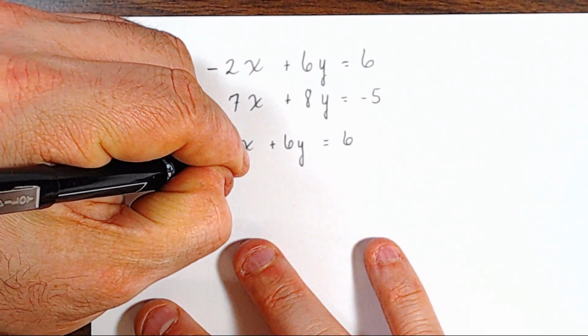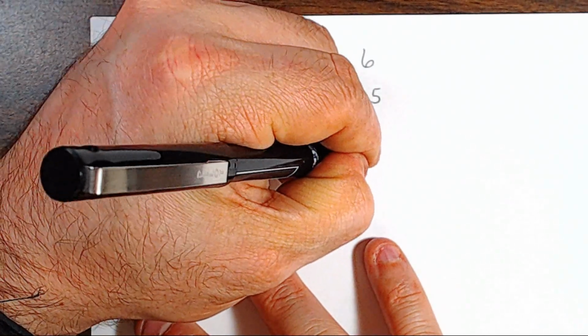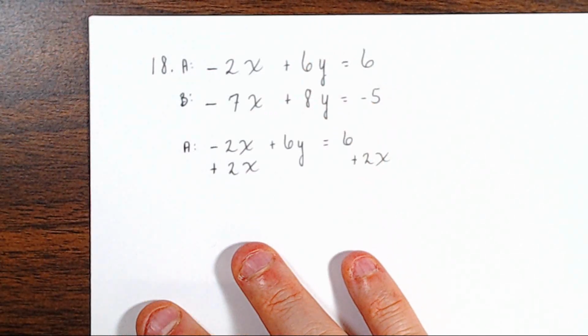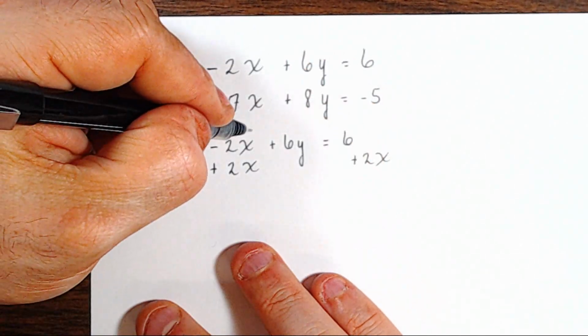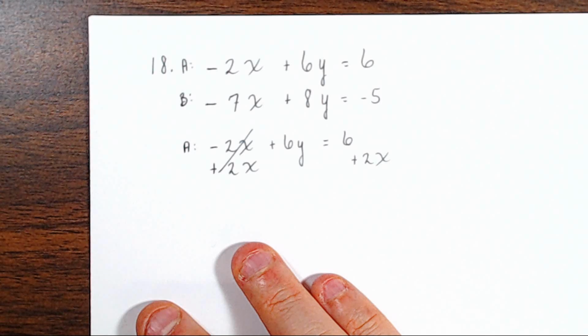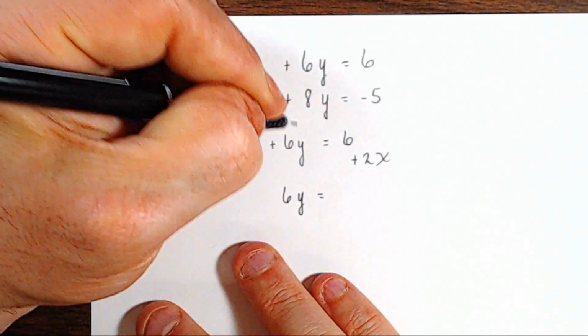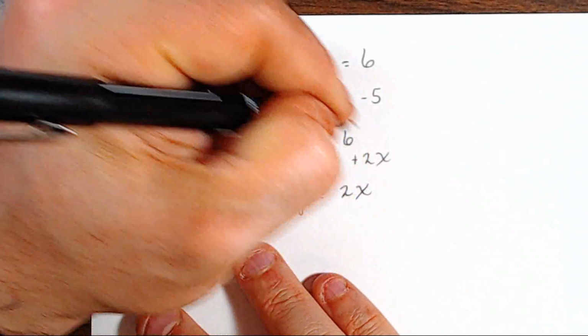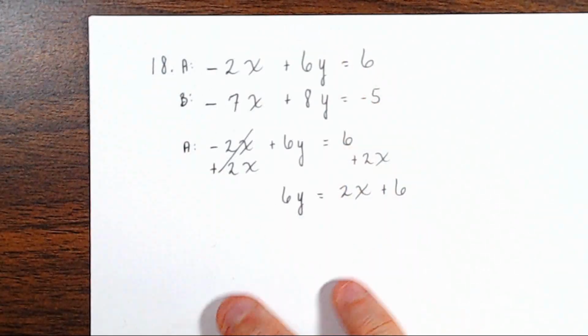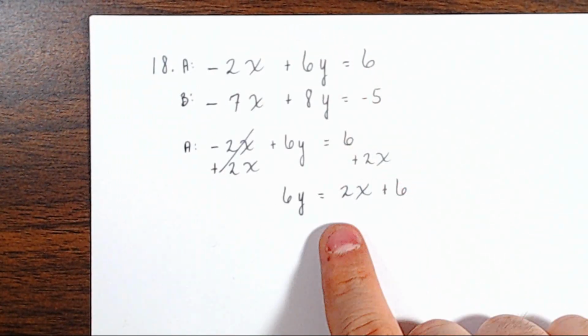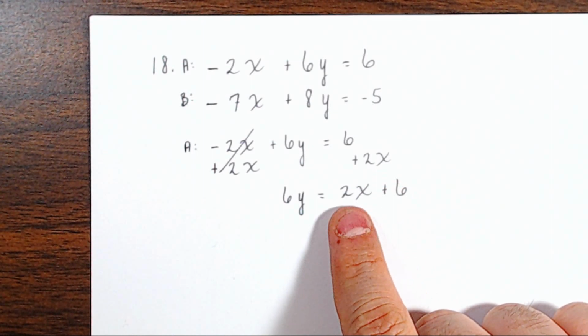Very good. This would cancel on the left, leaving 6y equals 2x plus 6. Remember, I'm always going to put the x up front.